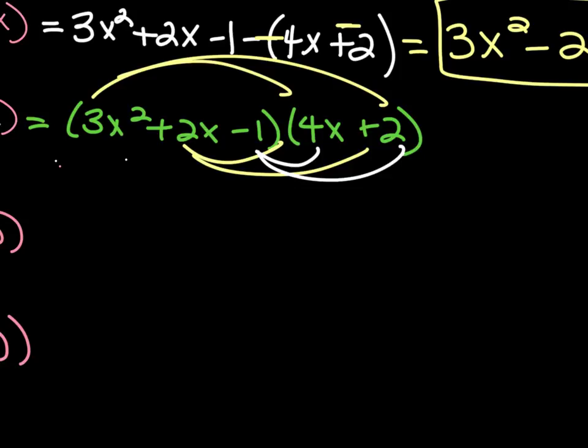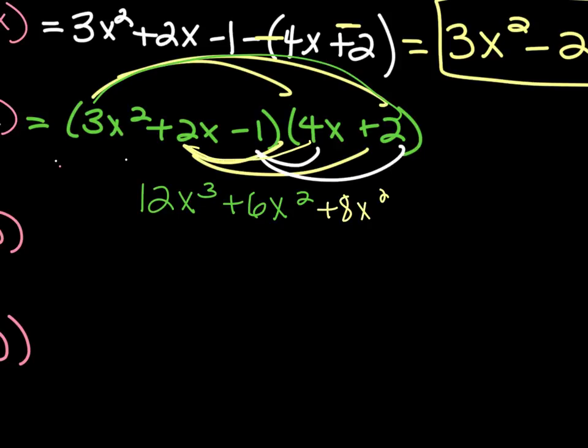So the first one would be 3x squared times 4x, or 12x to the third. 3x squared times 2, 6x squared. Go to the 2x. 2x times 4x is 8x squared. 2x times 2 is 4x. And then the last one, negative 1 times 4x, negative 4x, negative 1 times positive 2, negative 2.